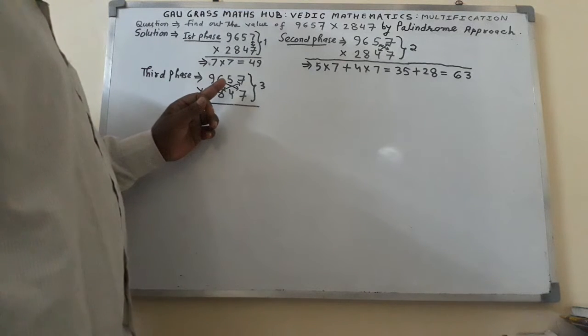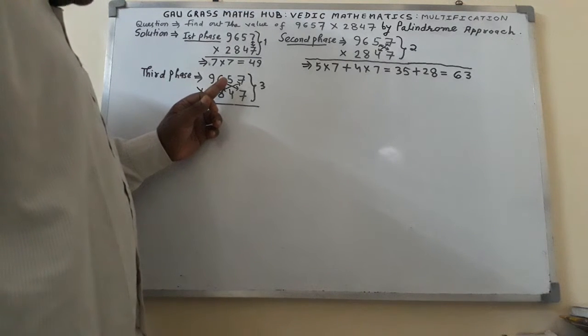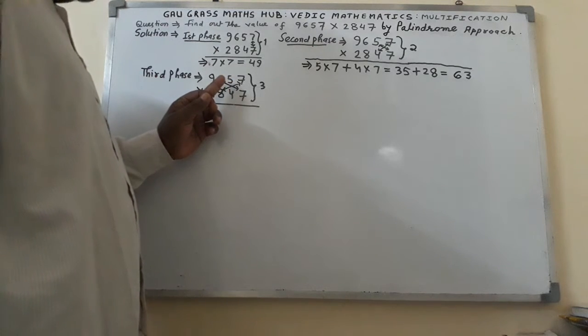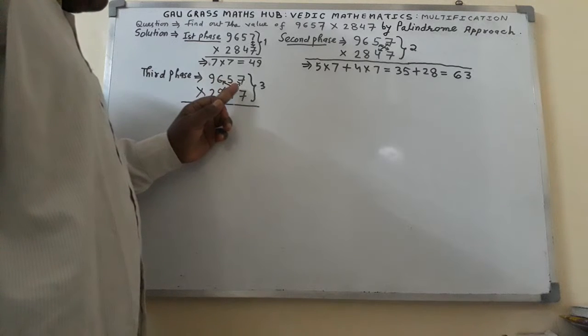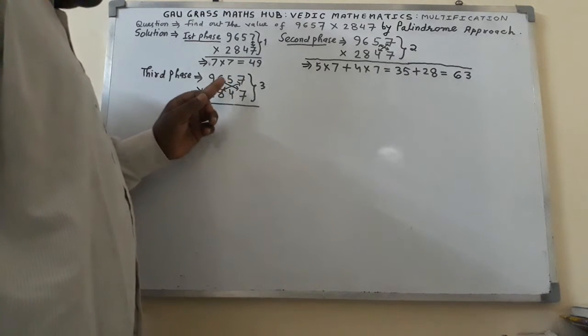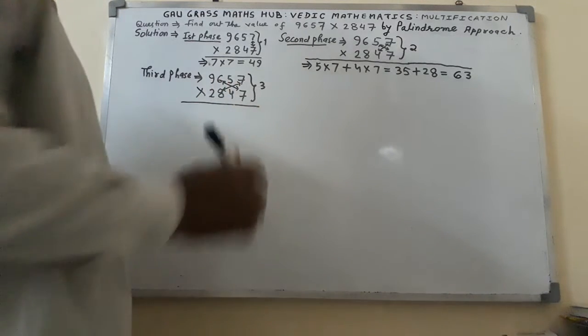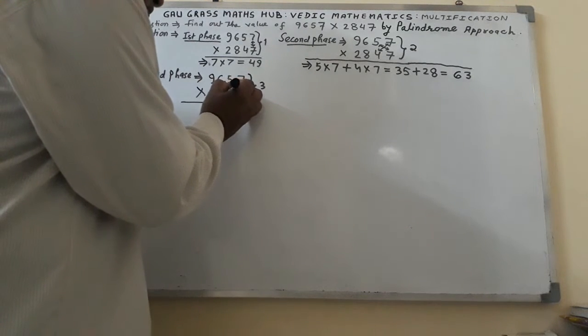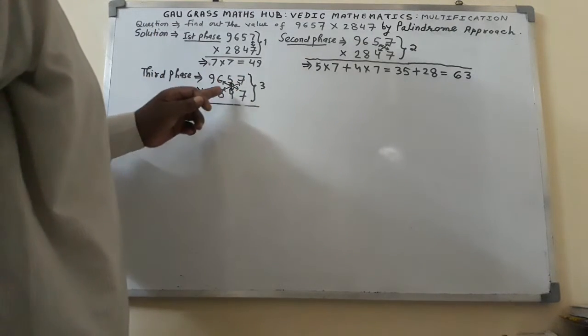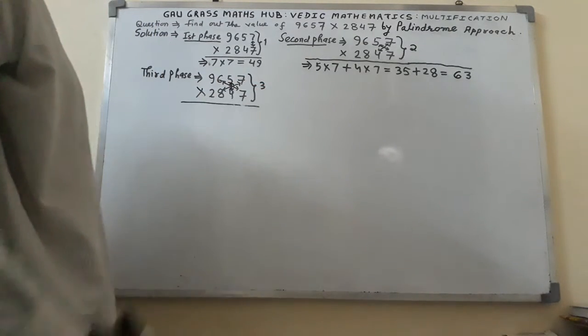You have got two transverse lines intersecting each other at this point. One transverse line 1, second transverse line 2, and here 1, 2, 3. That's why I have written 3.